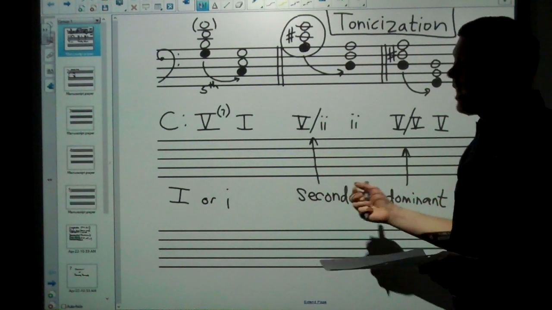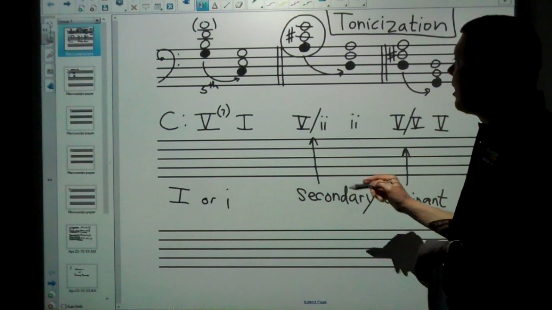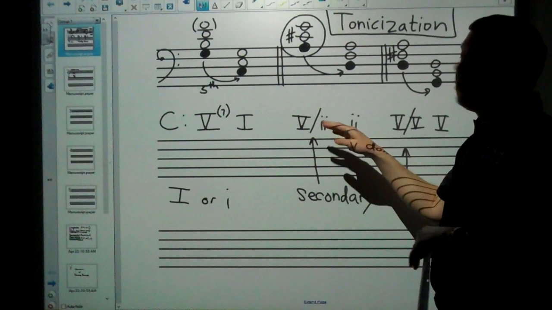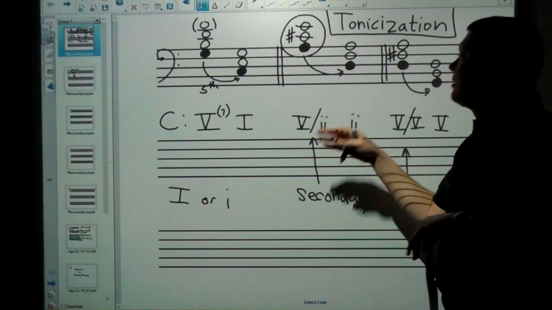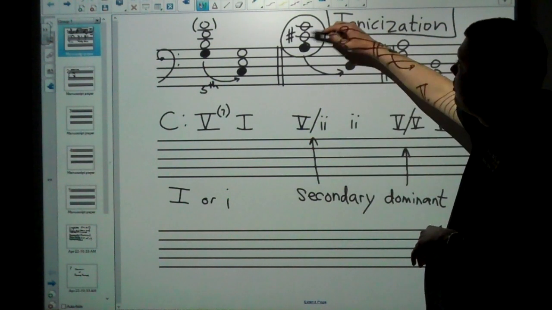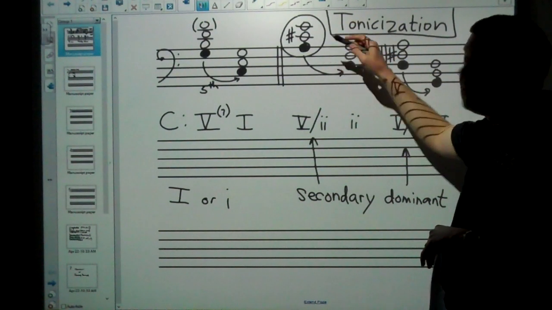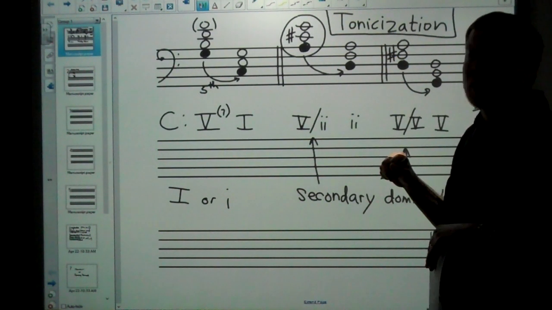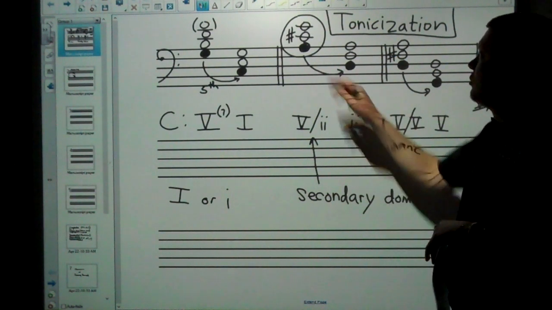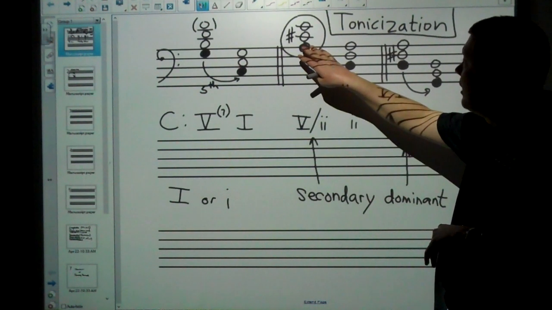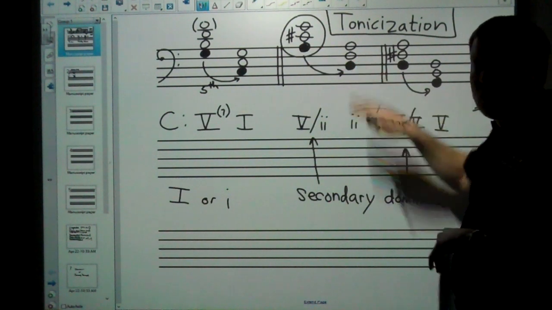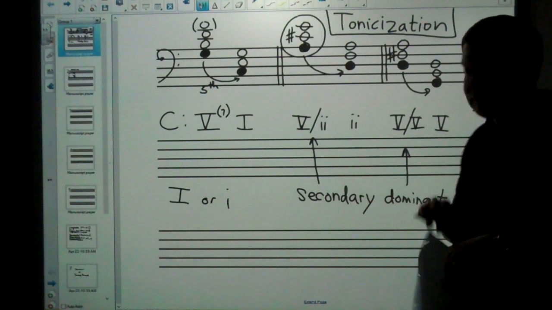Well, this is indeed the case. When we spell secondary dominants, we generally have to use at least one accidental, sometimes more accidentals, to make the secondary dominant indeed a major triad or a major-minor seventh chord, so that it has dominant function and it can be a dominant to a chord that's not tonic.